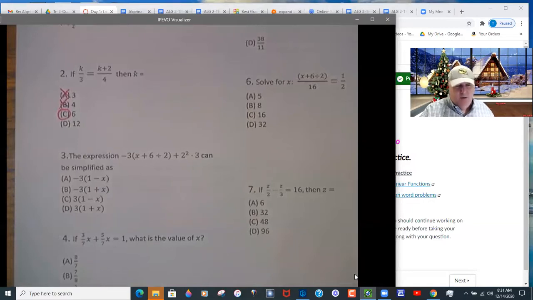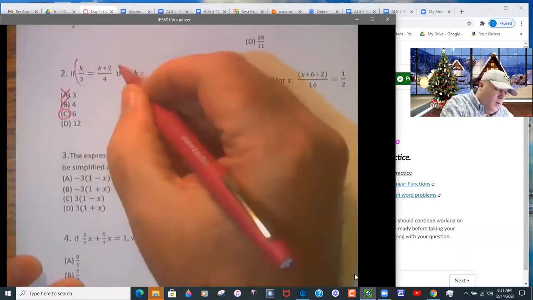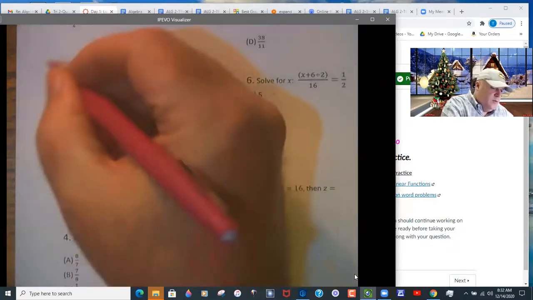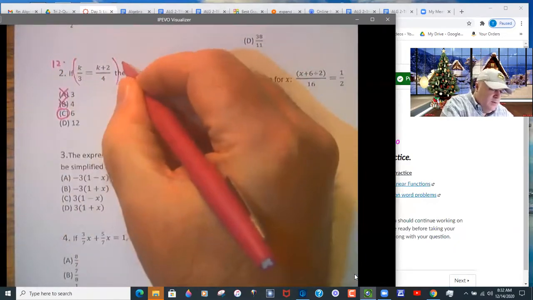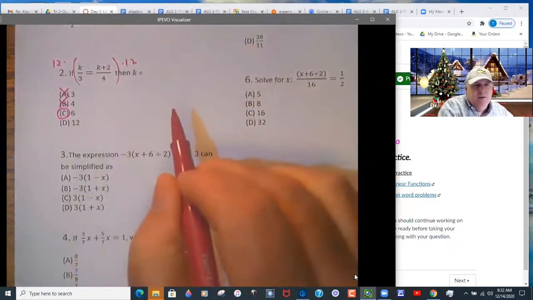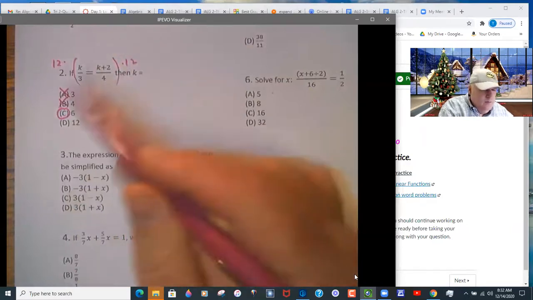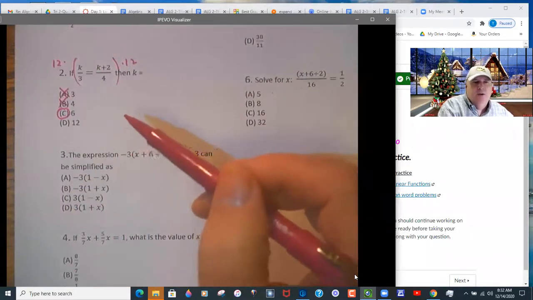Not all the time can you do this though, so I am going to show you how to multiply to eliminate denominators. So you look at all your denominators and you say, what's something that the 3 and the 4 both go into? And that answer is 12. And so you're going to multiply left to right everything by 12 so that we knock out the 3 and the 4.